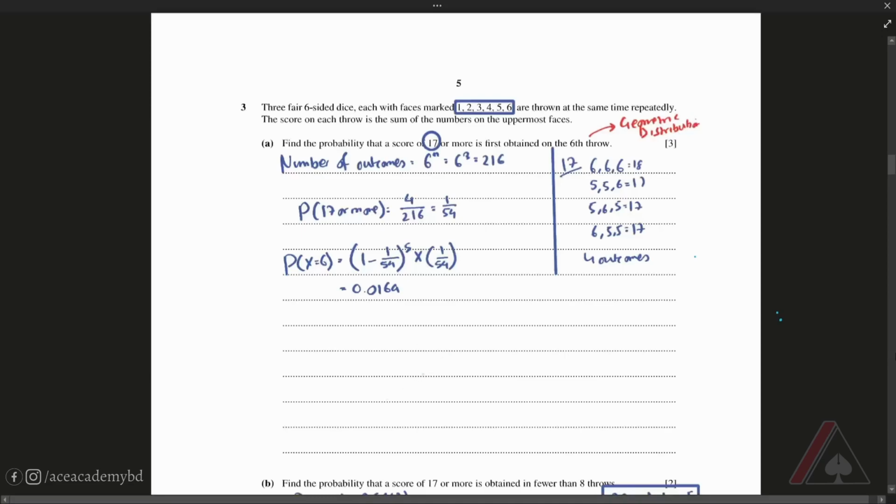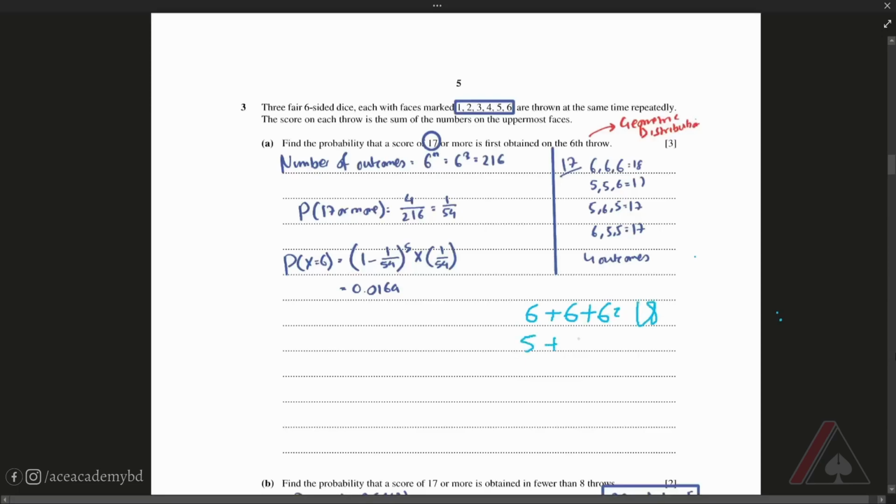So 3 dice are thrown, each have the possibility of being any number from 1 to 6. So we can perform geometric distribution here after we find the probability of how many possible ways we could get 17 or higher. So one possible way is we could get 6 on each dice, so we could get 18.